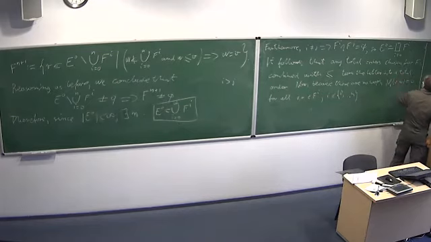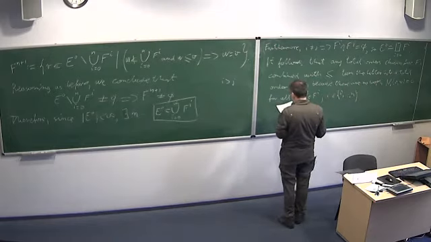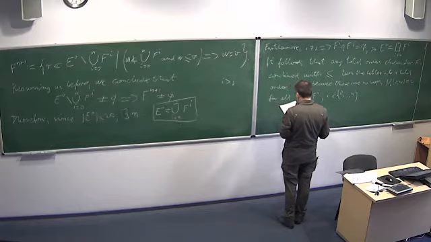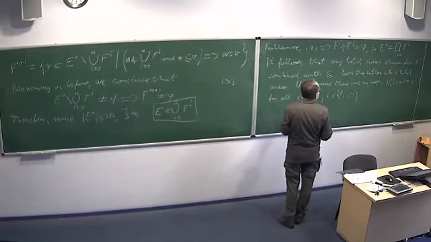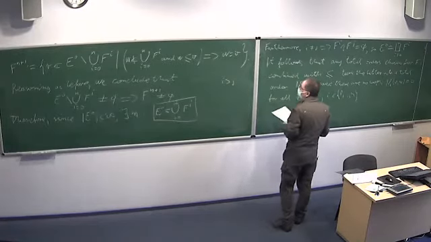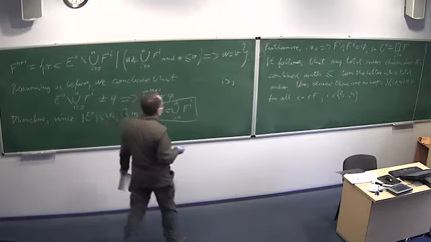Why are no two different elements in Fi related? Let's see it. Assume that they are related. Well, then we just get into a contradiction with the definition of Fi, right?